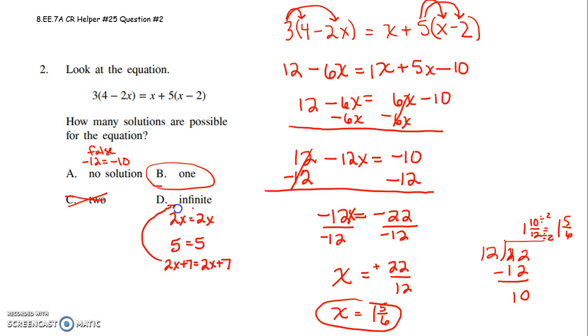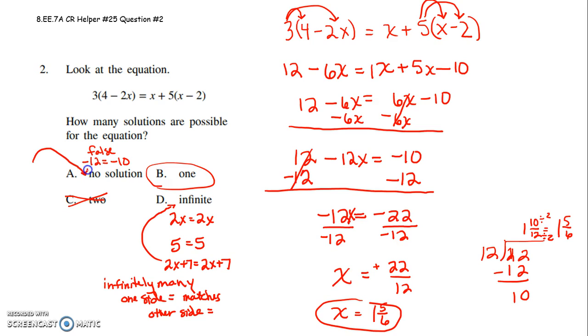Any of those would result in infinitely many solutions where one side of the equal sign exactly matches the other side. That's how you know it was infinitely many, if the two sides exactly match.